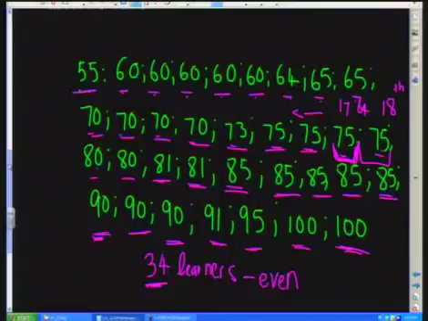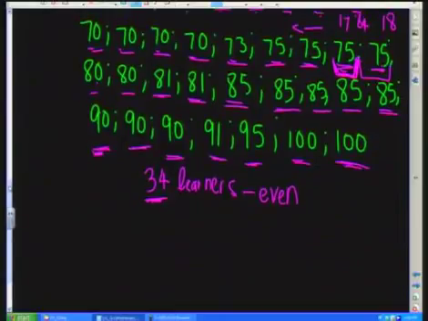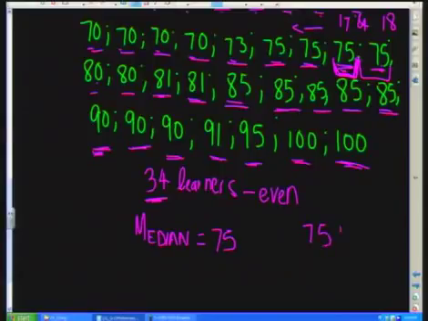Okay, so I want to find out what that middlemost value is. So I take the 75, add it to the 75, divide by 2. In this case, it's easy because we're still going to get 75. So therefore, the median is going to be 75. If there happened to be two different values, so if it wasn't 75 and 75, you'd still do the same thing.